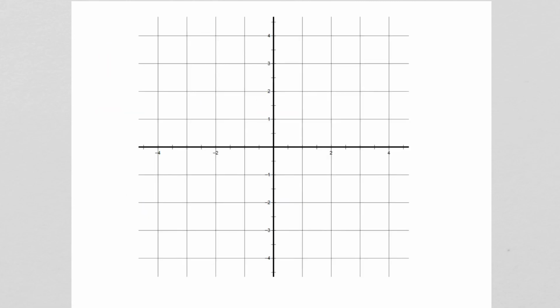So to go over and graph this thing, my rotation is 30 degrees. So I don't know, what is that exactly? Okay, I think it's right here. So there's x prime.